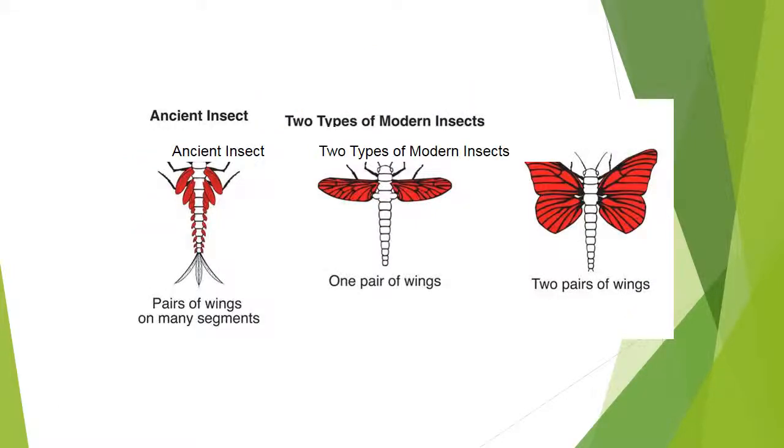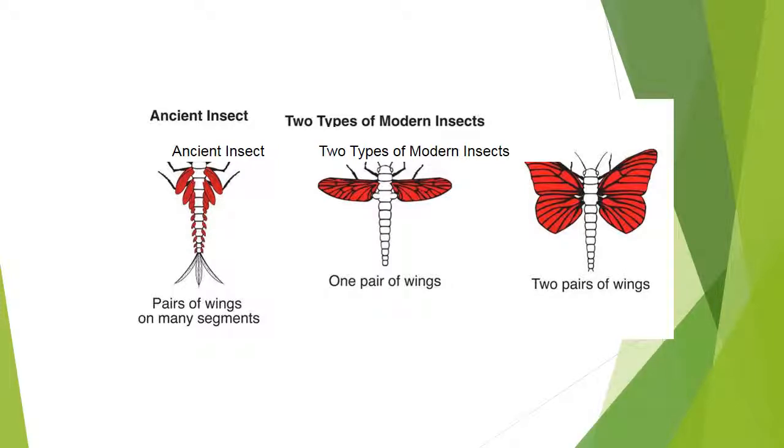For example, in types of insects, one of the Hox genes controls the development of wings. So if you look at the ancient insect on the left, it has numerous pairs of wings on many body segments.